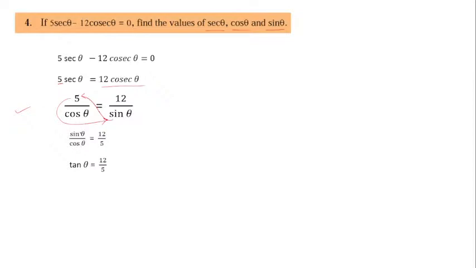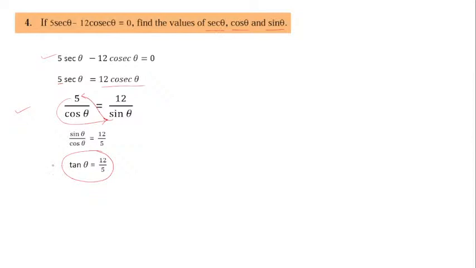So we'll replace sin theta by cos theta by tan theta, that is equal to 12 by 5. Now this is the value we wanted, that is we have expressed this expression in the form of tan theta is equal to 12 divided by 5, and now by using this we can find the values of sec theta, cos theta, and sin theta.